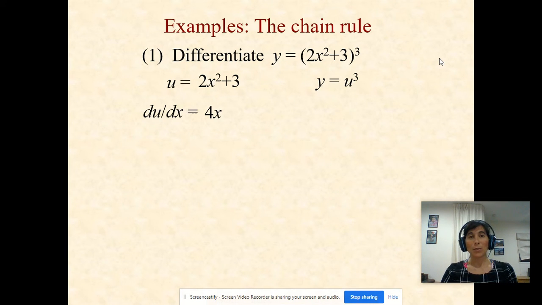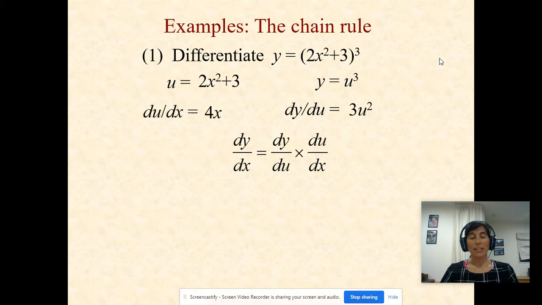If we then differentiate y with respect to u, and get dy over du, then what we'll get is 3u squared. If we then write down the chain rule, dy over dx equals dy over du times du over dx, we've actually got all the bits of information we need.